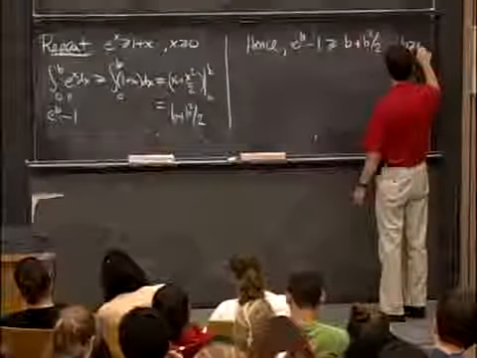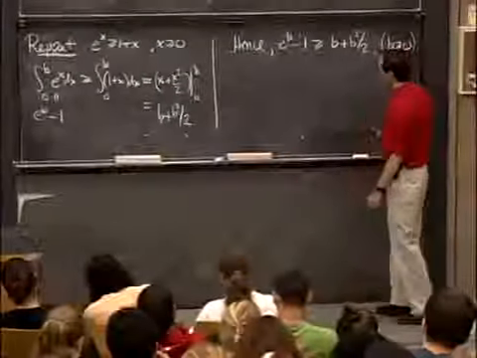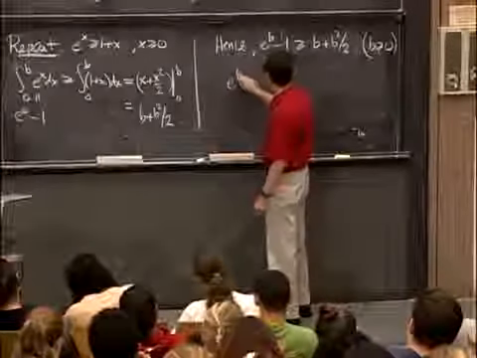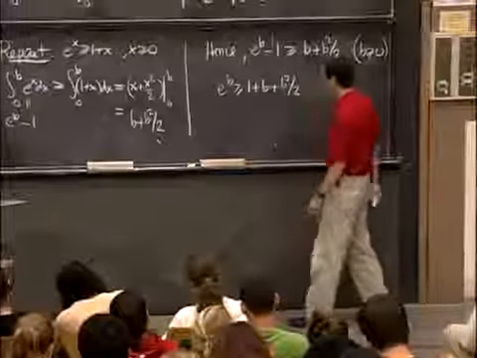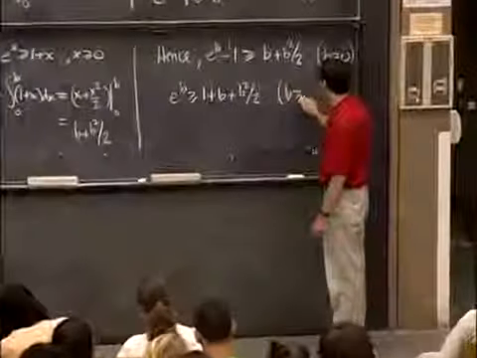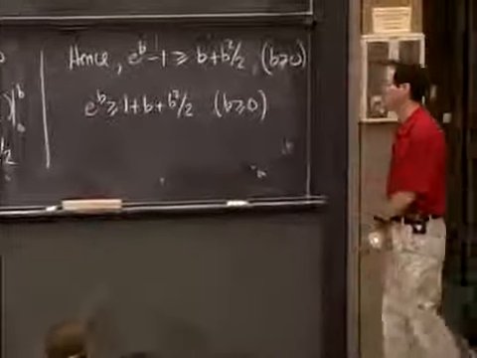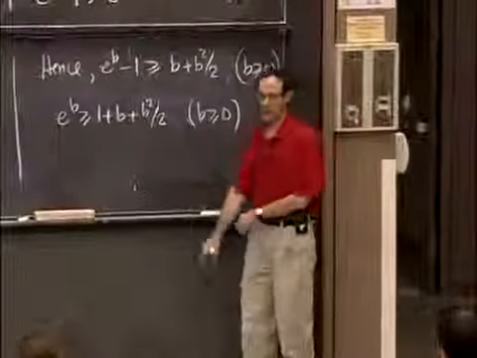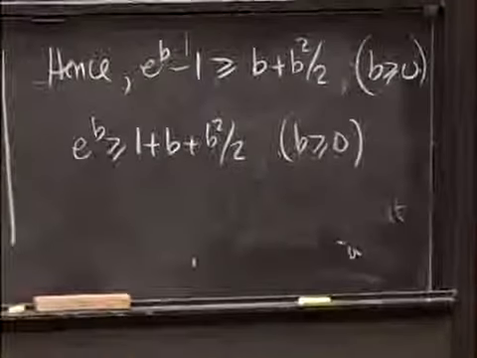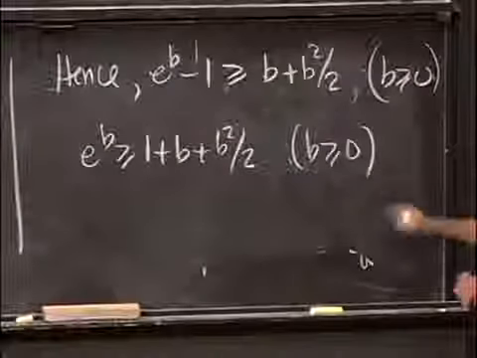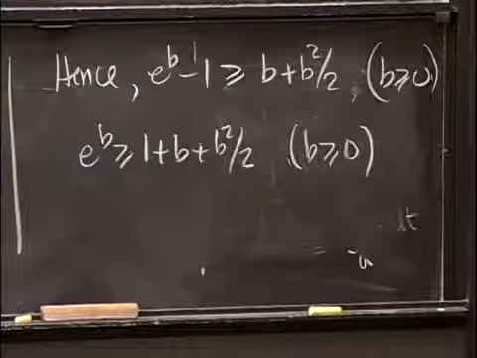And this is for b greater than or equal to 0. And that's the same thing as e to the b greater than or equal to 1 plus b plus b squared over 2. This one actually is false for b negative, so that's something that you have to be careful with, the b positives here.